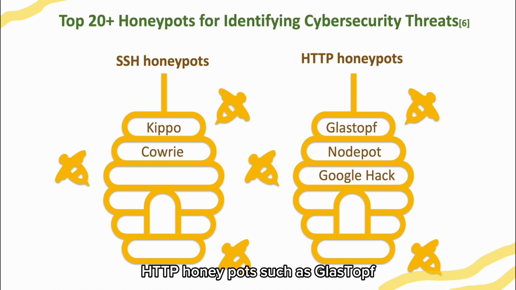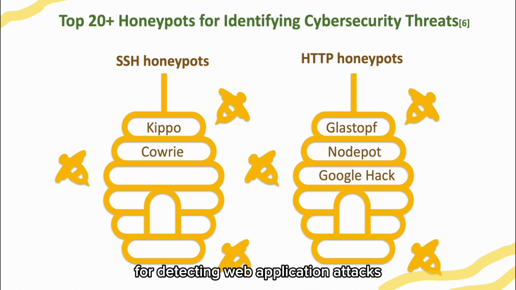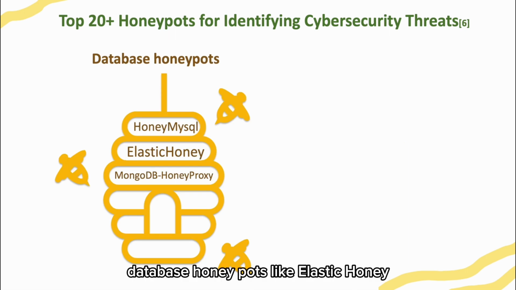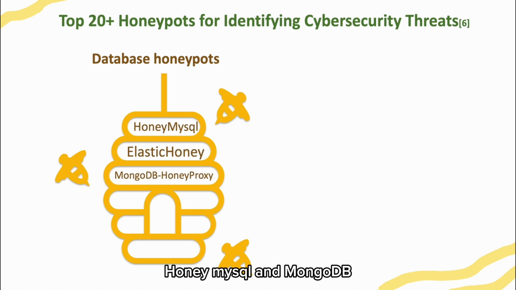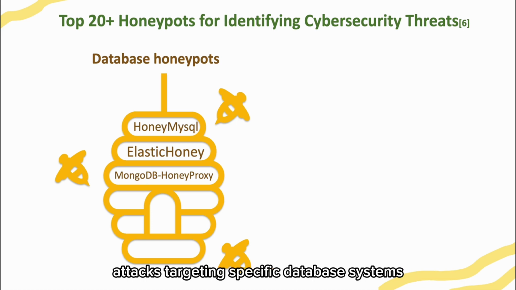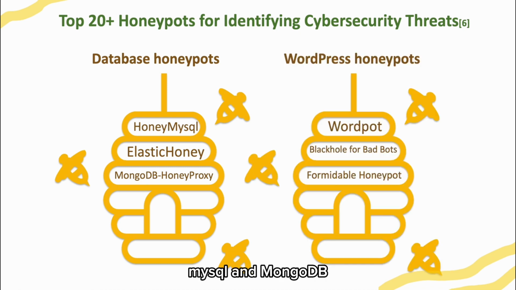HTTP honeypots such as Glastopf, Nodepot, and Google Hack Honeypot are effective tools for detecting web application attacks. Database honeypots like ElasticHoney, HoneyMySQL, and MongoDB-HoneyProxy are specialized tools designed to detect and mitigate attacks targeting specific database systems, such as Elasticsearch, MySQL, and MongoDB.